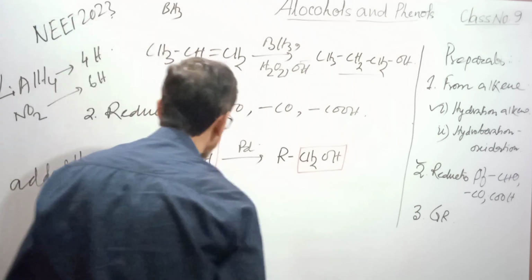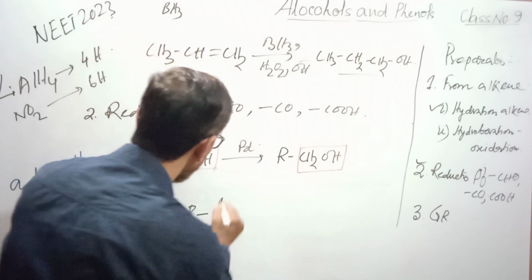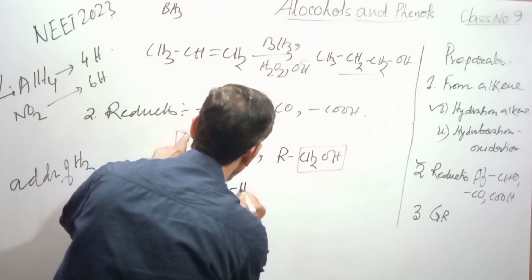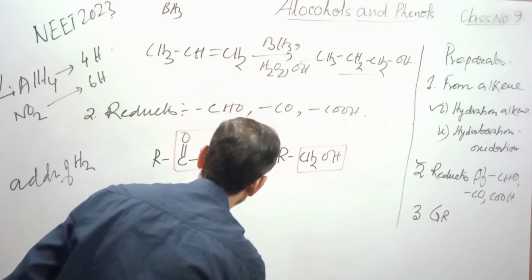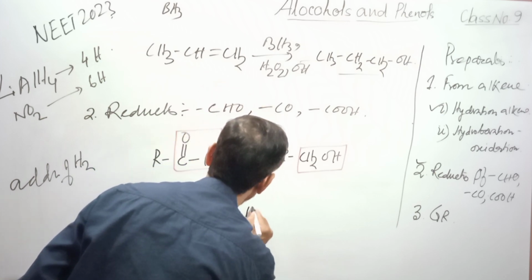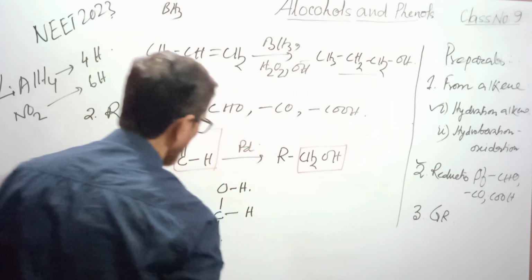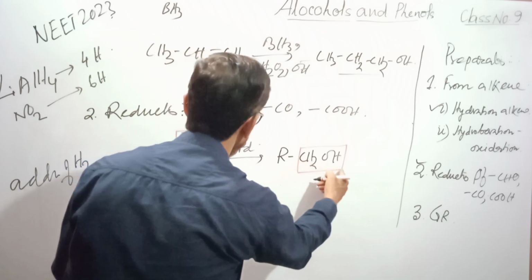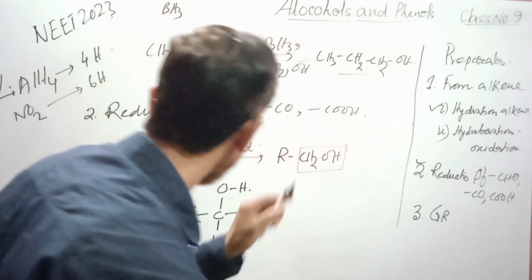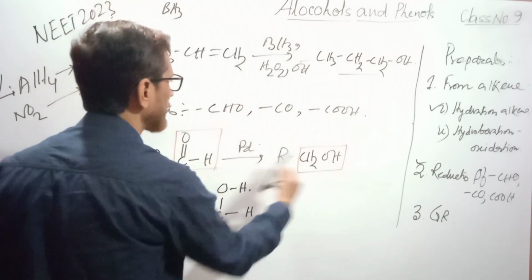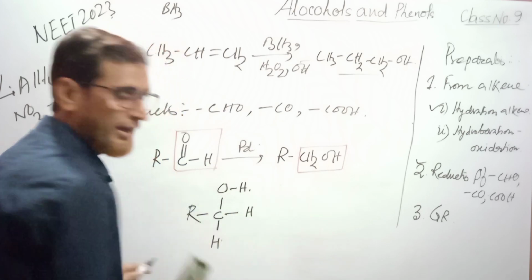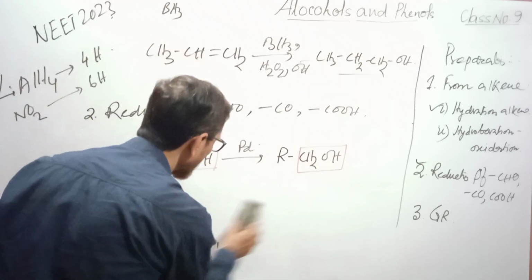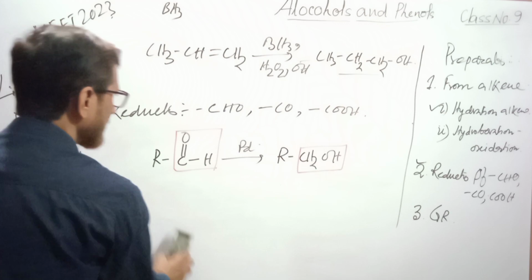We will add 2 hydrogen. One hydrogen will add to oxygen, and the other hydrogen will add to carbon. So what you get is RCH2OH. This is reduction. Keep it in your mind, otherwise you can't explain how CH2OH comes, and you will not get satisfaction by learning this.